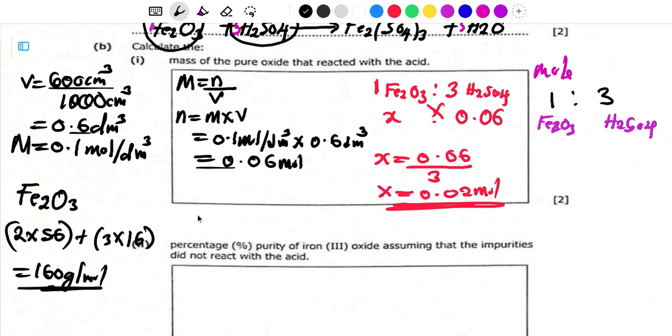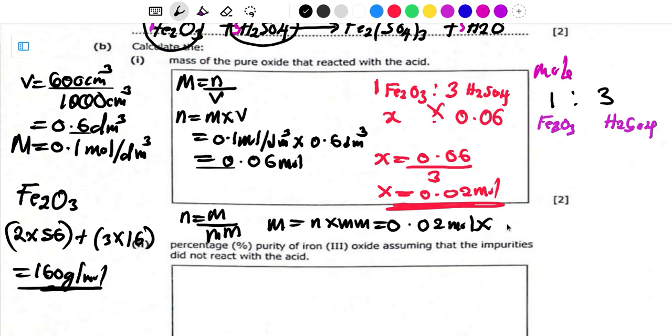We know that number of moles is equal to mass divided by molar mass, so the mass is the number of moles multiplied by the molar mass. That is 0.02 moles multiplied by 160 grams per mole, and I'm going to get 3.2 grams. This is the final answer.